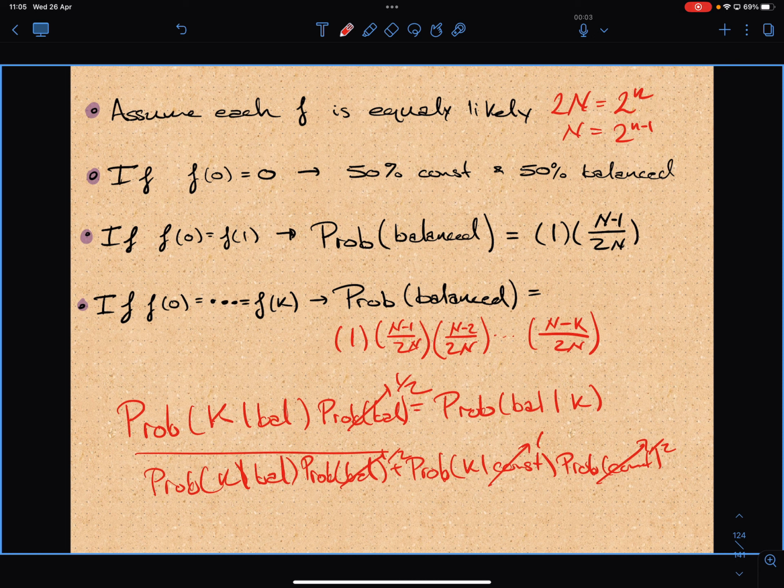And the way that I set this up is by assuming that f is equally likely to be balanced or constant.